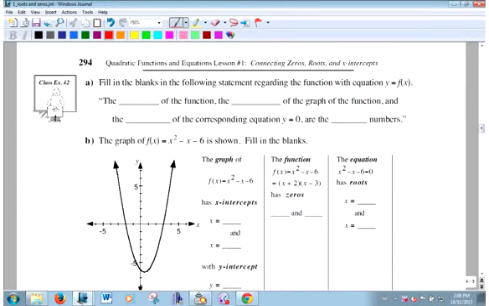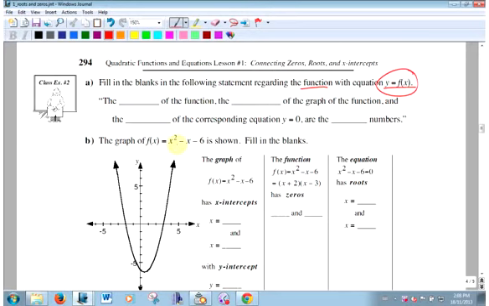Fill in the blanks. We have a function with equation. The equation would say y. The function would say f of x. Remember, I keep saying they're kind of like the same thing. The blank of the function, is that zeros, x-intercepts, or roots?